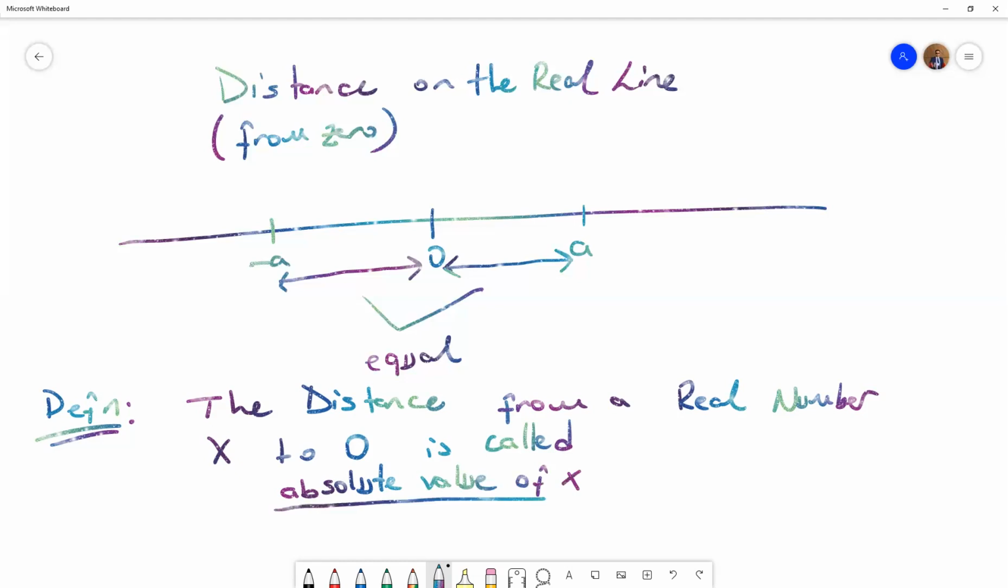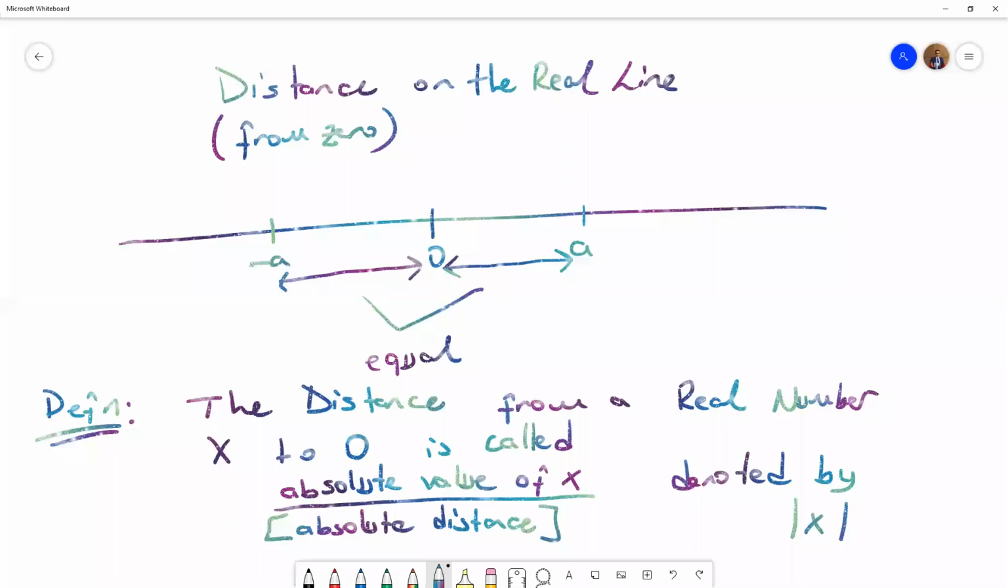Or you may say this one like that, absolute distance. And we denote it like that. This is the absolute value of x. So we denote it like that.